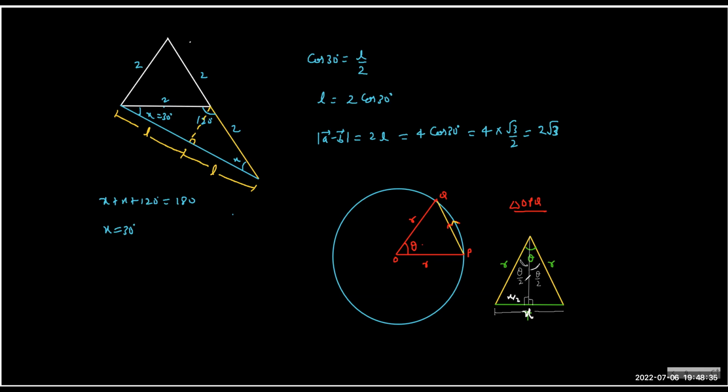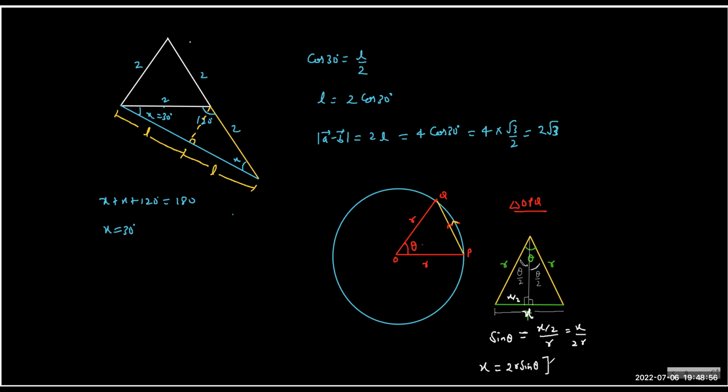So now given the angle, can you find x? Which trigonometric relation will help you? Sine. Excellent. So sine of theta by 2 we can write as x by 2 by r, and we are done. This is x by 2r, and we got the answer x equals 2r sine of theta by 2.